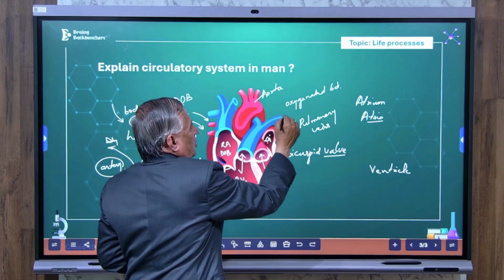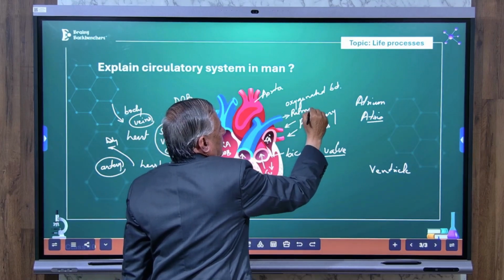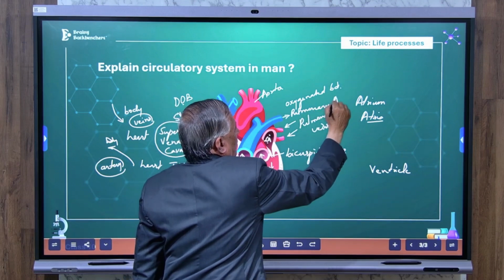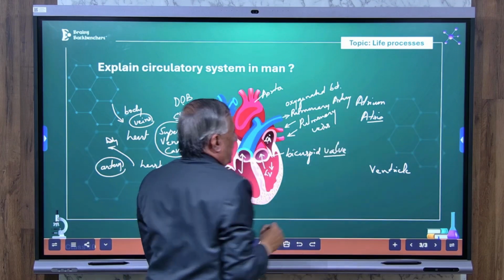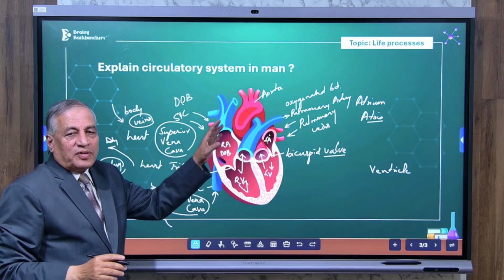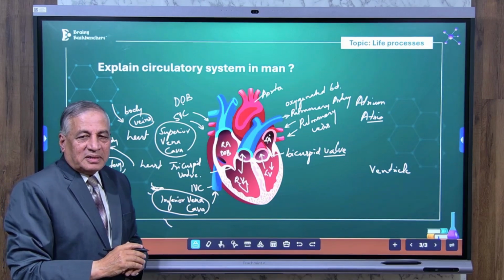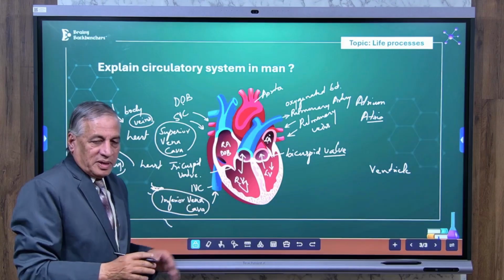Through this pulmonary artery, directly it goes to the lungs for purification. This is all about the circulatory system in human.